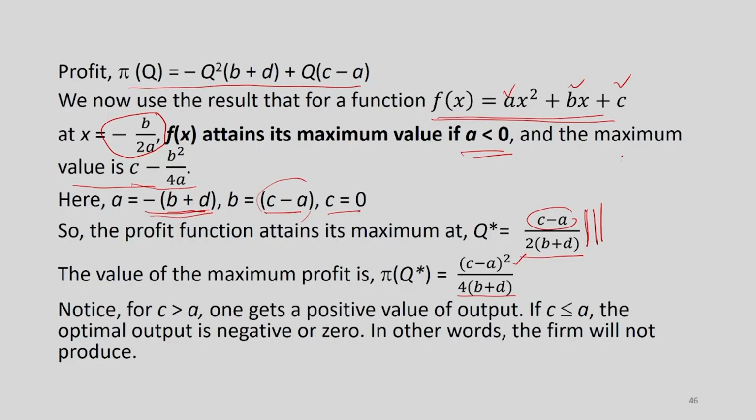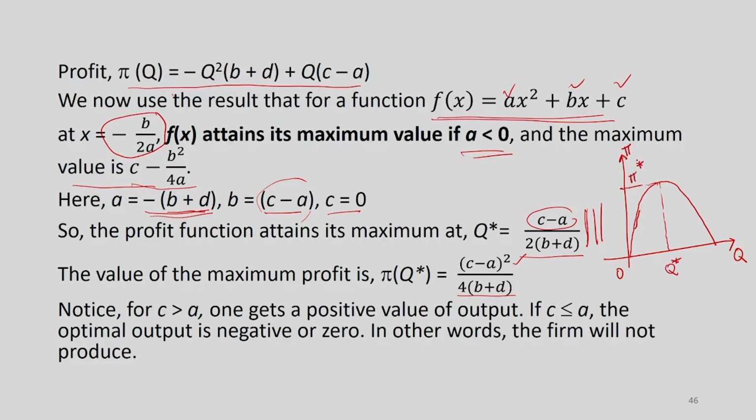Let us look at the diagram, how it looks. So, you have q here and you have profit here, and look at the profit function. There is no constant term, so it starts from 0 and it goes up like this and it comes down, and you have this maximum here, which is q star. And what is the value of profit at the maximum?